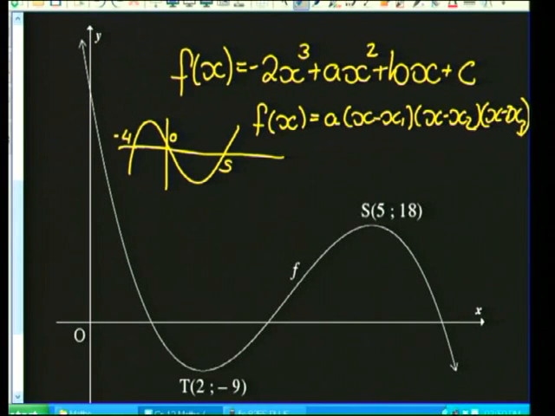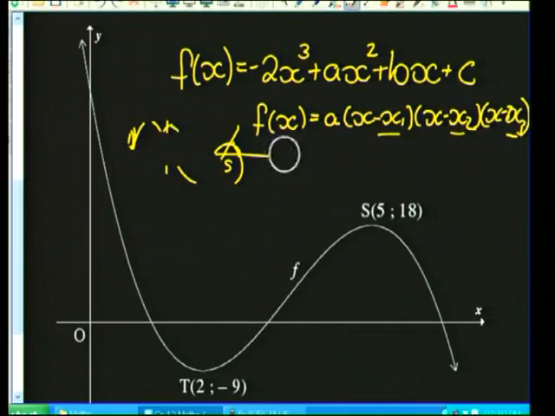The x1, x2, and x3 represent the 3 x-intercepts. So into x1 you would sub the negative 4, into x2 you would sub your 0, and into x3 you would sub your 5. And from there you would go about putting the equation together. That's if you have got the x-intercepts.